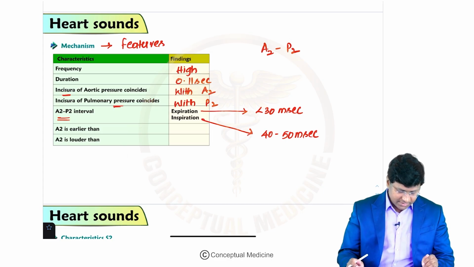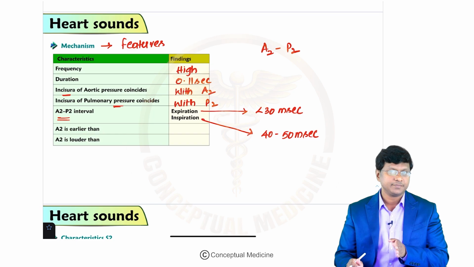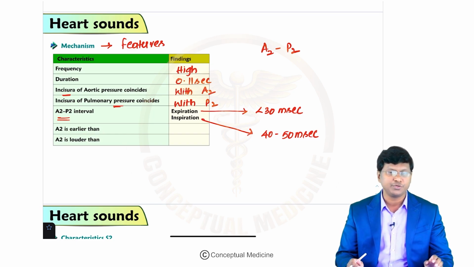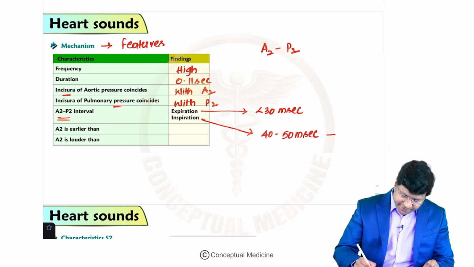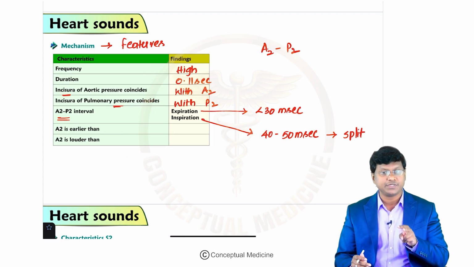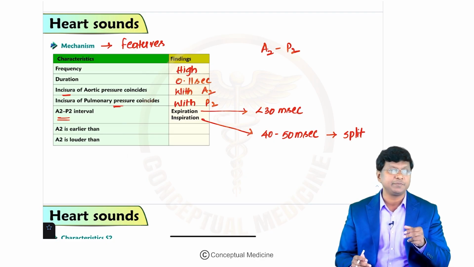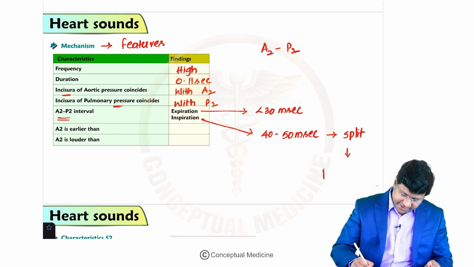So that will be the A2-P2 interval. During expiration, less than 30 milliseconds. During inspiration, 40 to 50 milliseconds. That means during inspiration, you will be able to make out the split, because the duration between the two heart sounds, between A2 and P2, is more than 30 milliseconds, wherein you will be able to make out the split. And this particular split is a physiological split.